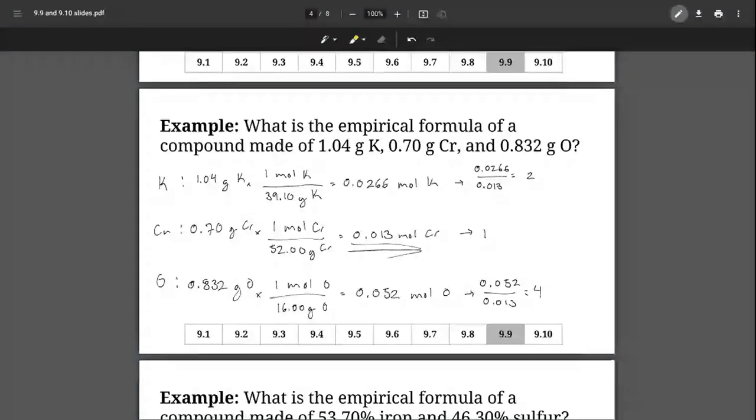So our final answer for our empirical formula is K2CrO4, because all of these just match up. So K2CrO4 is our final answer.